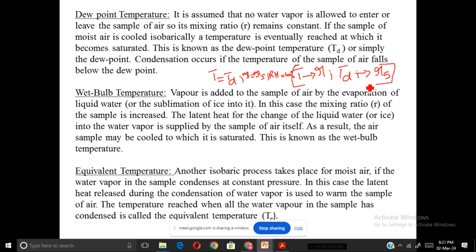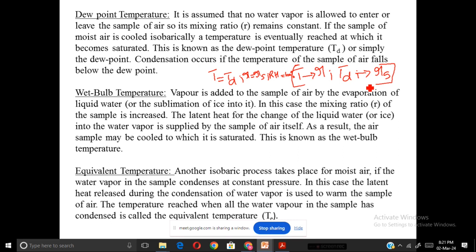In this method we are saturating the air parcel without adding more water vapor, just by decreasing the temperature. Now another way to saturate an air parcel is to add more water vapor. So the next temperature, which is the wet bulb temperature, uses the second method, which is adding more water vapor. So what does wet bulb temperature mean?